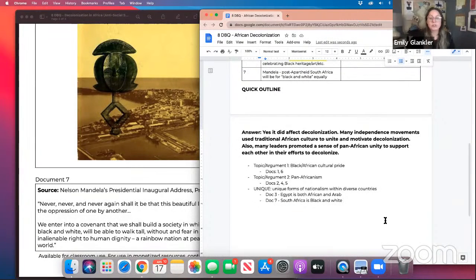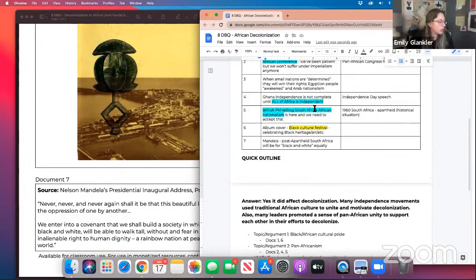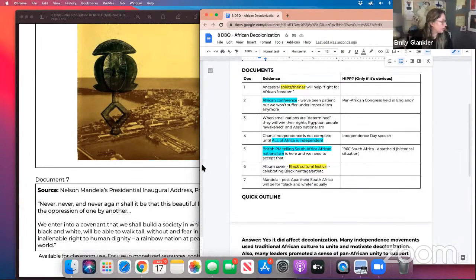Start writing. Just go, okay, document 1 is a nationalist leader who's talking about the ancestors supporting their movement, and then apply that to the prompt. Document 2 is this thing.